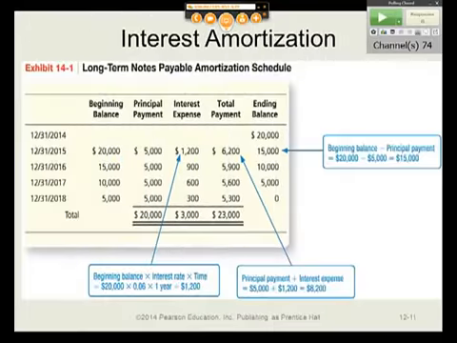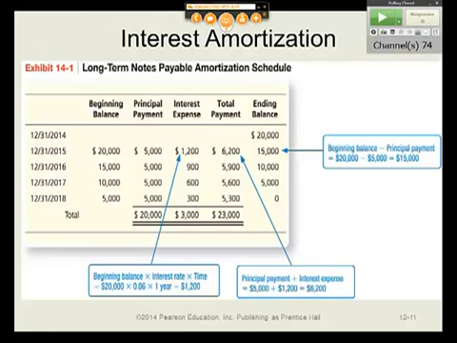Now, I'm not sure how clear this is, so what I will do is put this up on the doc cam. And I'll make this a little larger, this is known as an amortization table. The beginning balance of the debt is $20,000, that's at the end of the year. The end of 2014 is the beginning of 2015.